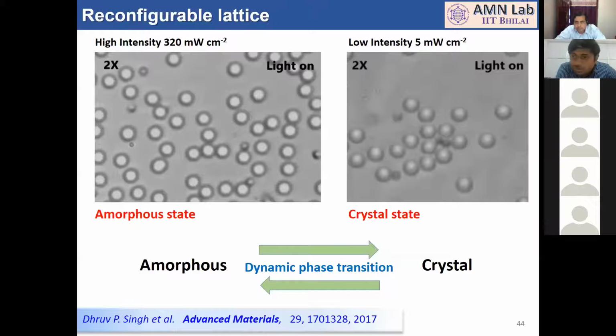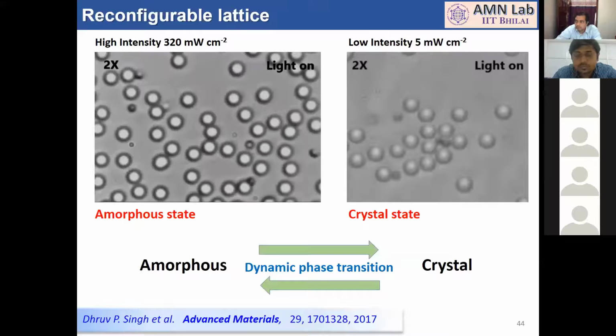So I'm sure that this observation can make their life simpler to some extent, definitely. So this was about forming 2D reconfigurable or dynamic structures using the nanomotors. In the second part, I will show you how this dynamic self-assembly approach can be used to deal with another interesting or exciting problem.